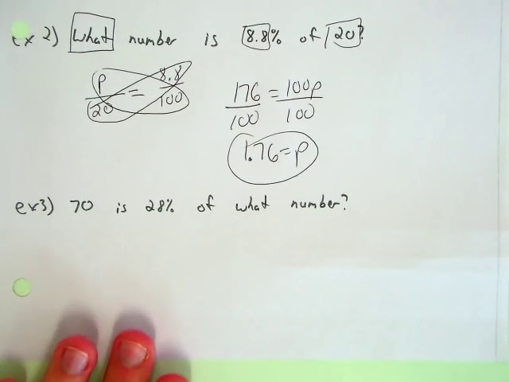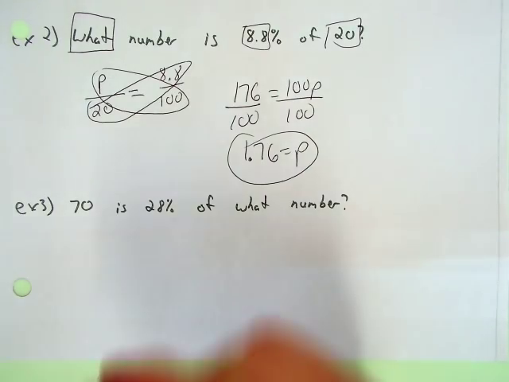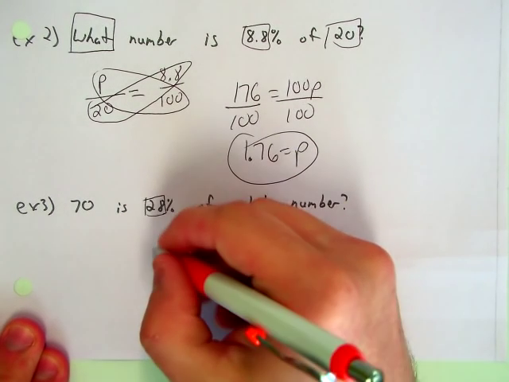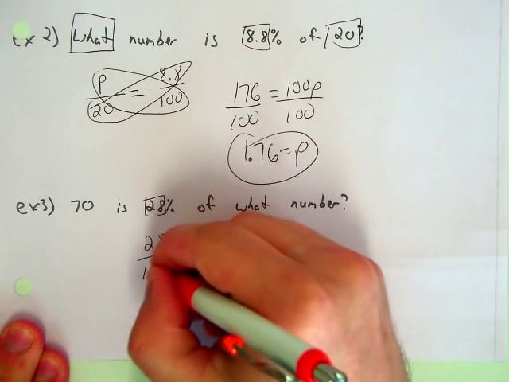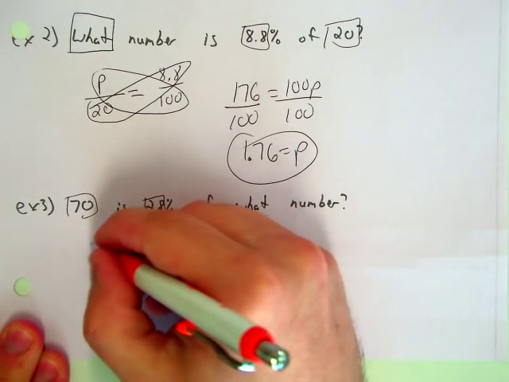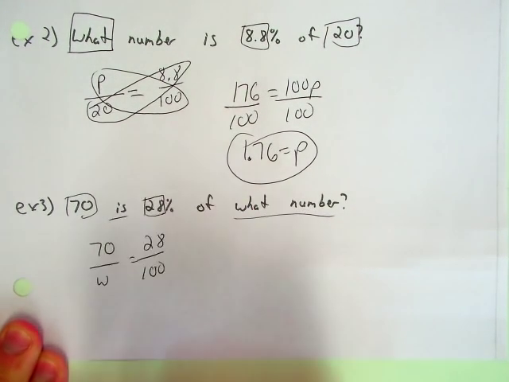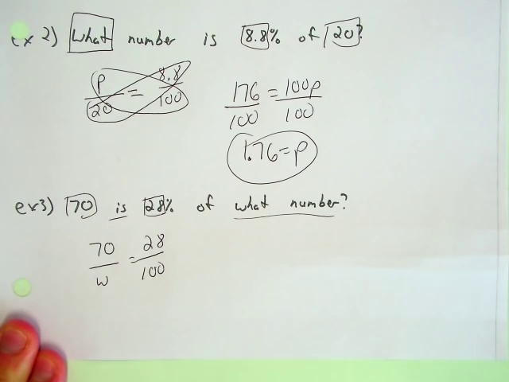Last example here, it says example 3, it says 70 is 28% of what number? So again, 28 is attached to the percent, so I'm going to put 28 over 100 right away. 70 is, so 70 is going to be the part. And then of what number? That is what's missing. So I'm going to put a W down here for the whole.